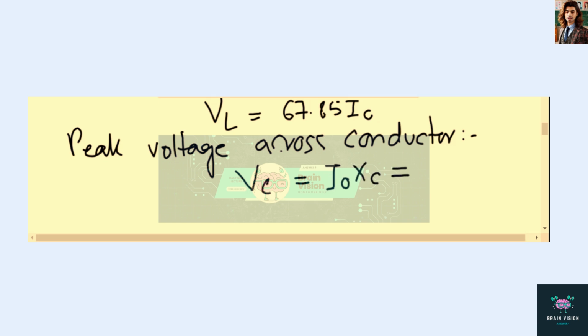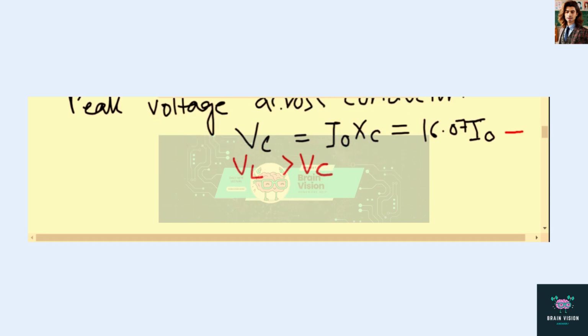So when you substitute the values, you get 16.07 I naught. Now if you compare this and this equation, you will get to know that VL is also greater than VC, just as XL was greater than XC.